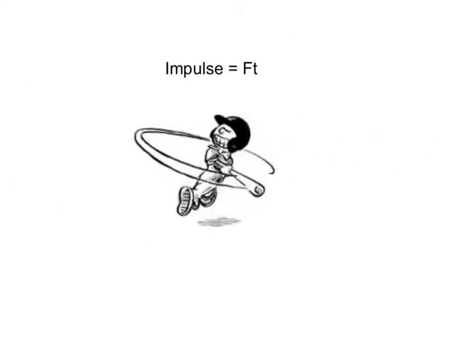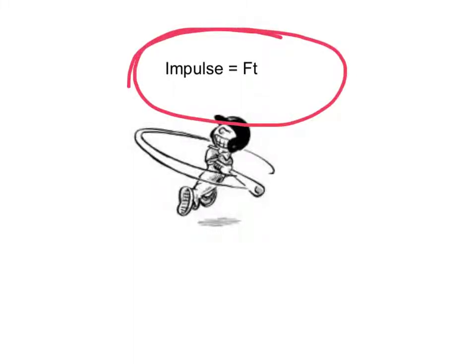So both force and time interval are important in changing momentum. The quantity, force times time, we refer to as impulse. So when we're talking about impulse, we're talking about a force acting over a time interval.